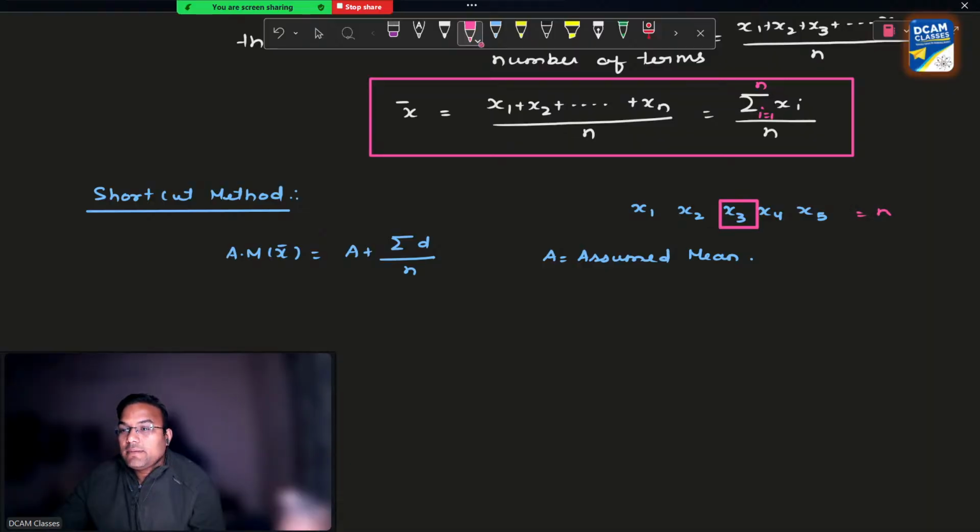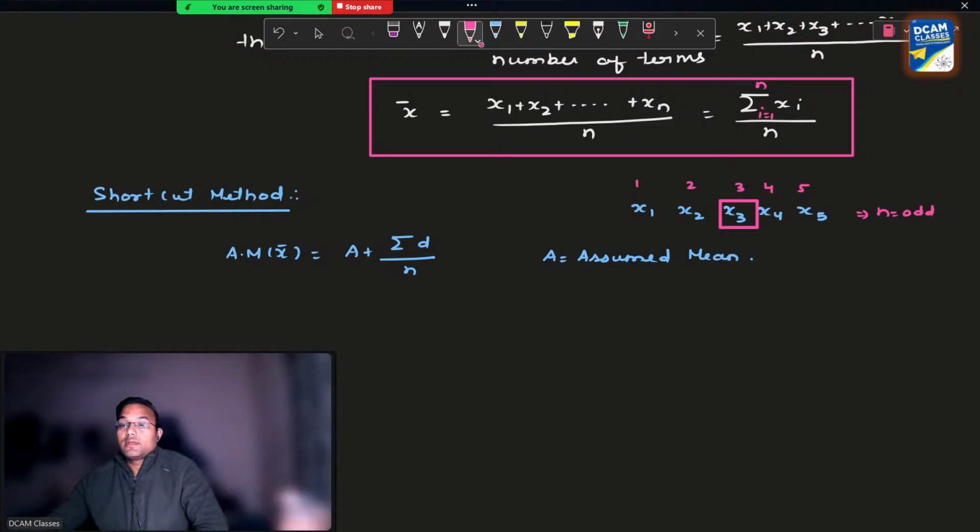For odd number, this is for odd distributions, this is 1, 2, 3, 4, 5. This is the assumed mean. Now, suppose 6 things were there, like x1, x2, x3, x4, x5, and x6.